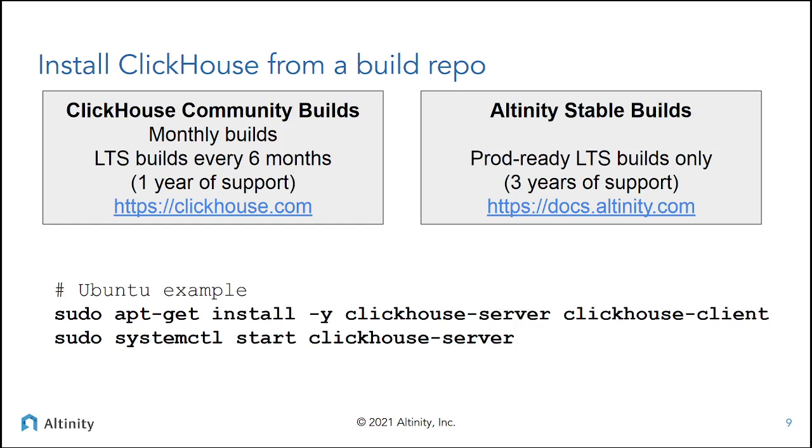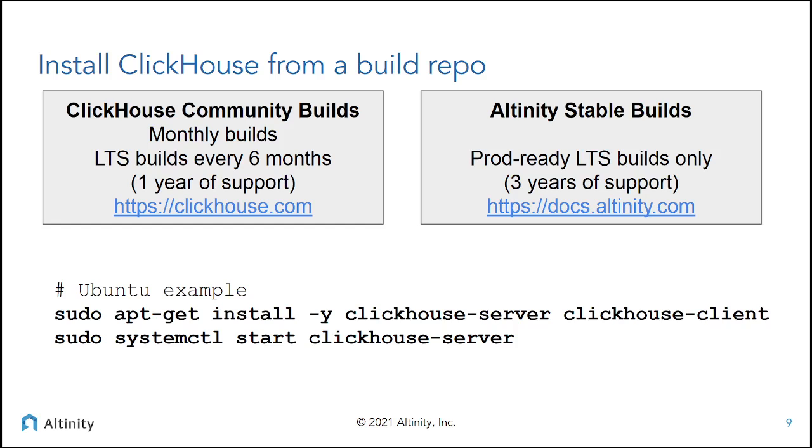Okay, there's a couple different sources now for ClickHouse builds. The traditional source is ClickHouse community builds. Go to the clickhouse.com site, which is where they're hosted, and there's a couple different kinds. There are monthly builds. So every month ClickHouse has a new branch which is going to be versioned, something like, for example, this is January, so this month's build is 22.1.